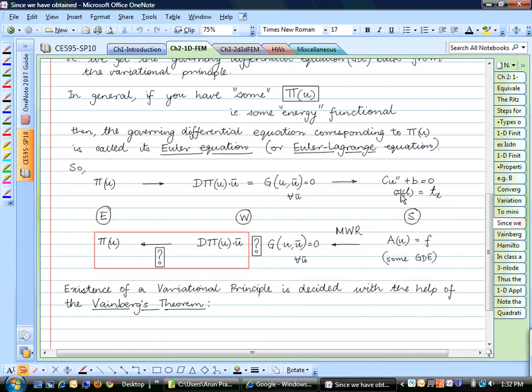If you use method of weighted residuals, you can go to the G, definition of G. Or in general, if this is the governing differential equation, you can go to G. To go from G to the potential energy functional or some sort of a variational principle, in that case, you have to use the Weinberg theorem. The other way is that if you have some energy functional, then you can find this equation of equilibrium, and this is the middle one, is the one that we actually implement on the computer.